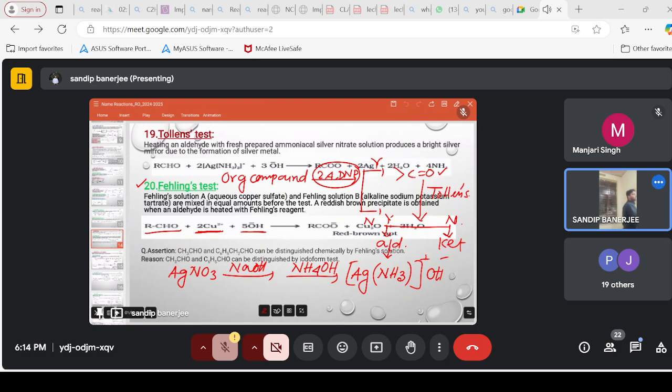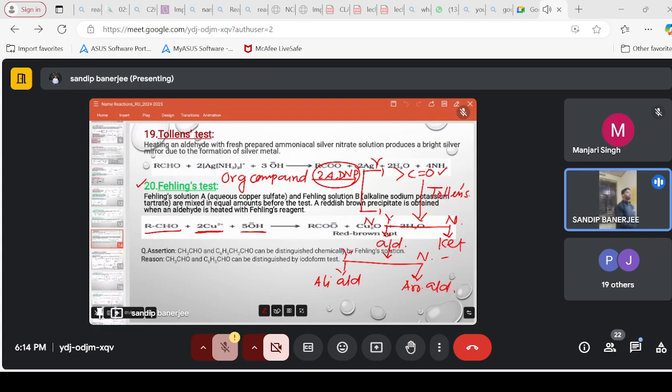This test is performed on an aldehyde, RCHO. The result might be positive or negative. If it's a yes, then an aliphatic aldehyde is present, and if it's a no, then an aromatic aldehyde is present.